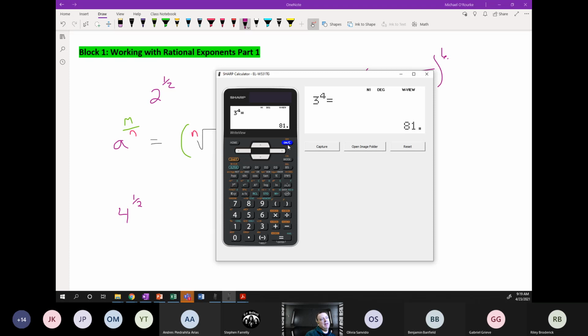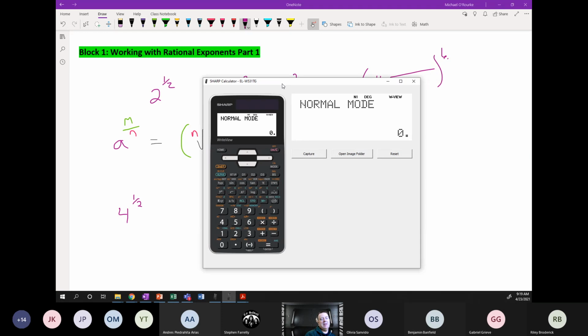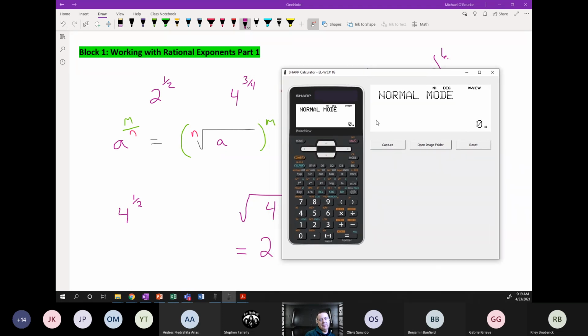Did anyone download this simulator? It's a simulator, but there's a different word for it. Emulator. There we go, emulator.